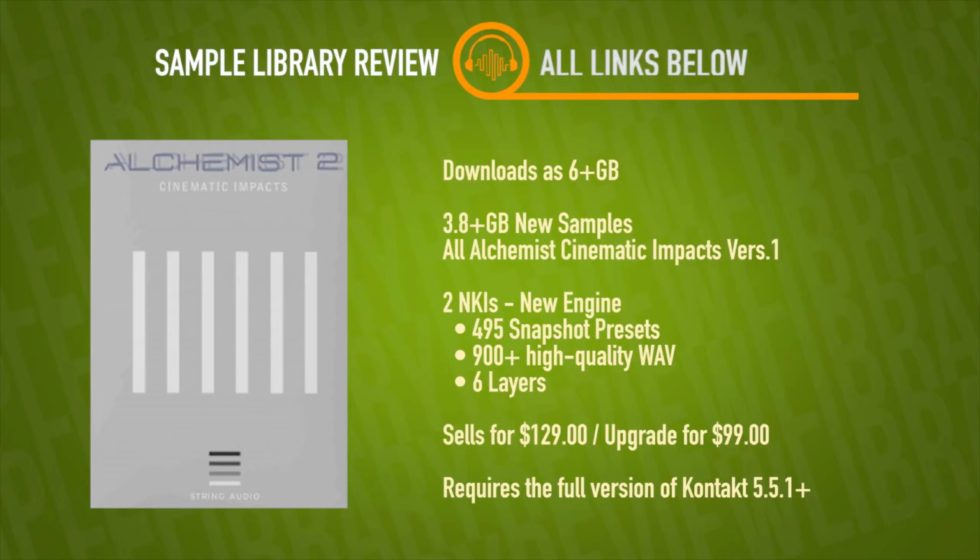It's 3.8 gigabytes of brand new samples, and all of the original samples from the Alchemist Cinematic Impacts version 1. Does include 2 NKIs now in a brand new engine that String Audio has developed with 495 new snapshot presets.